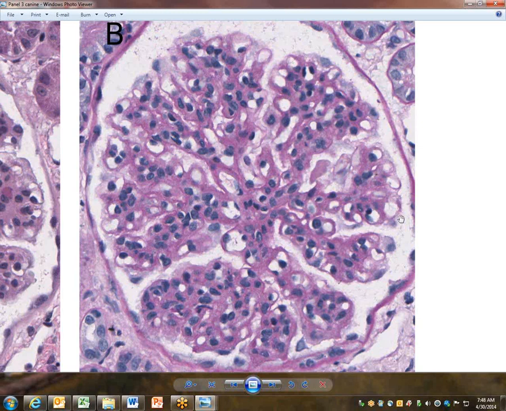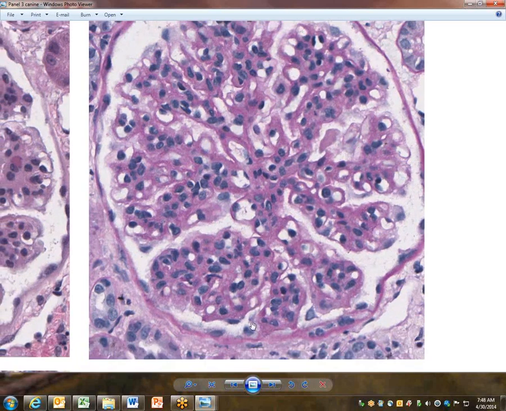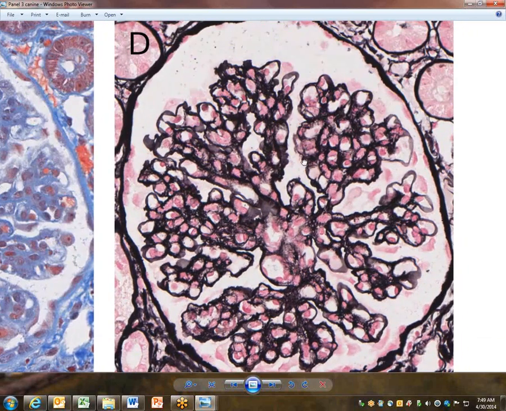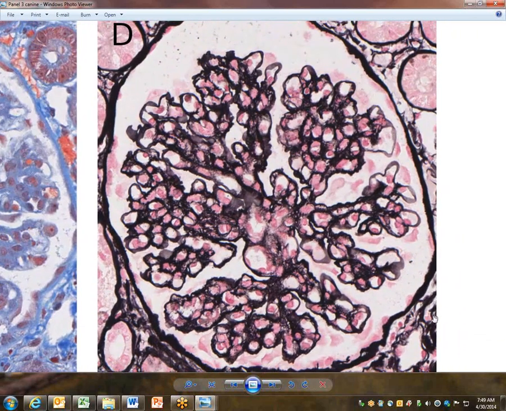But in other regions, multifocally, like at 6 o'clock, I think there is thickening of the GBM potentially in some areas, but otherwise they look all right.